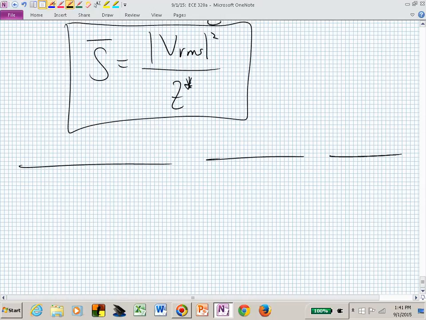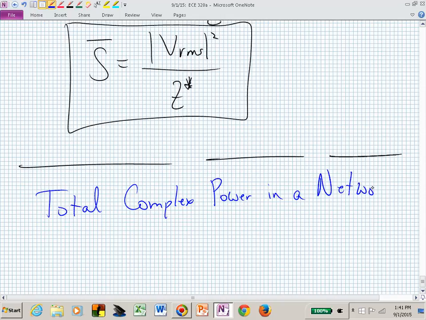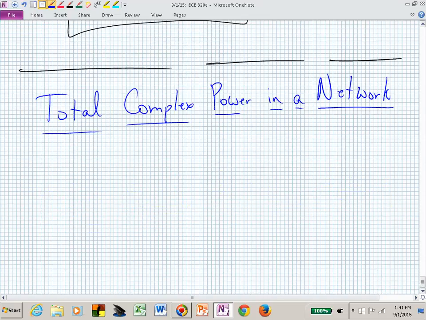Let's now look at what happens when we have multiple loads, or we now are looking at total complex power in a network. And here, I probably shouldn't put this in brackets because this is one of the beauties of playing with power.